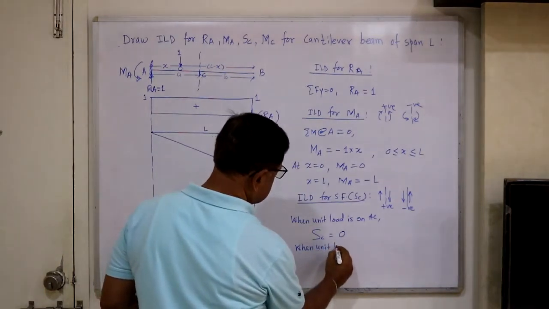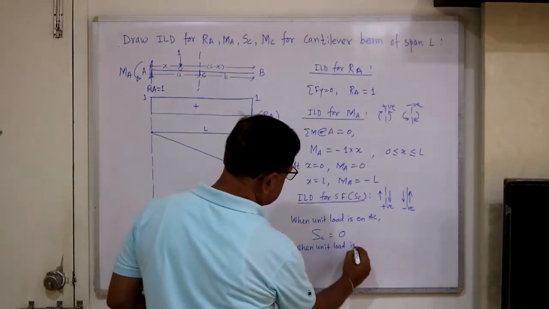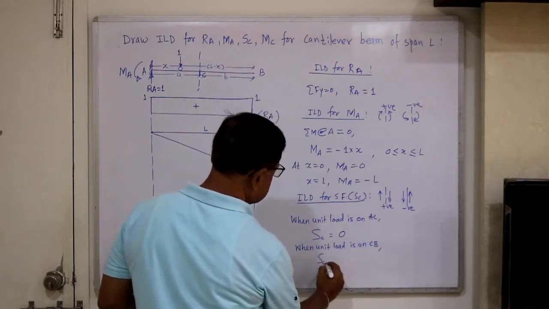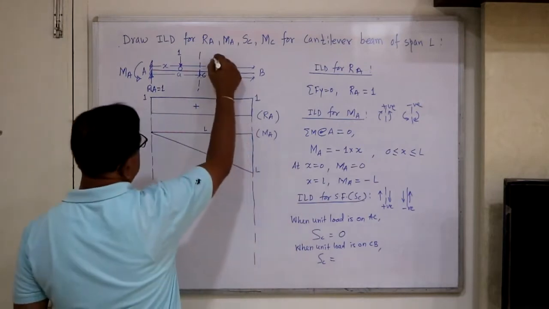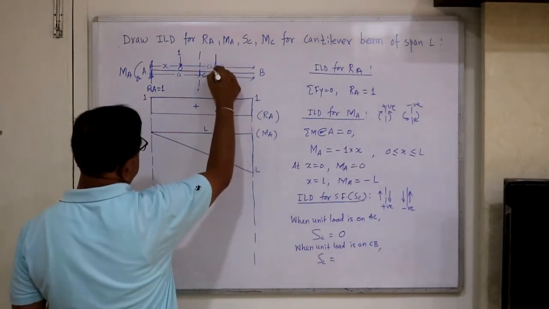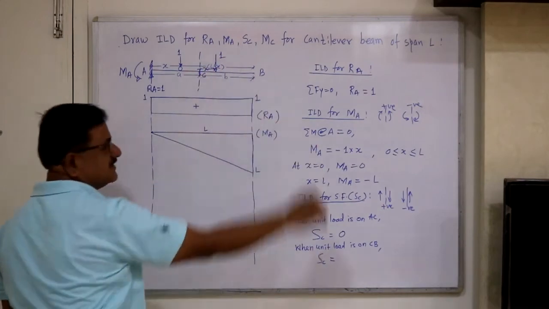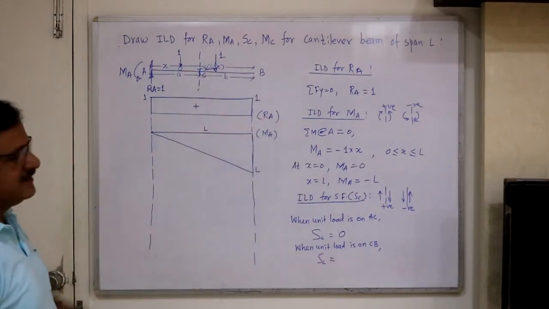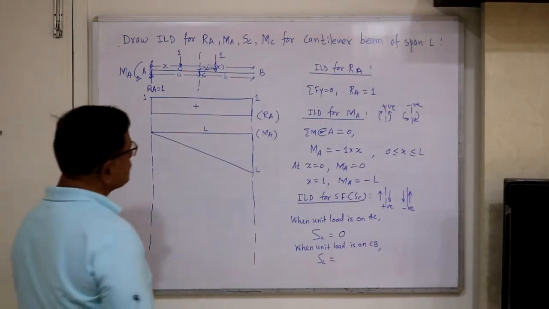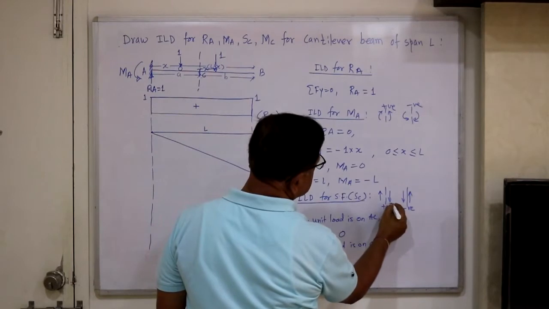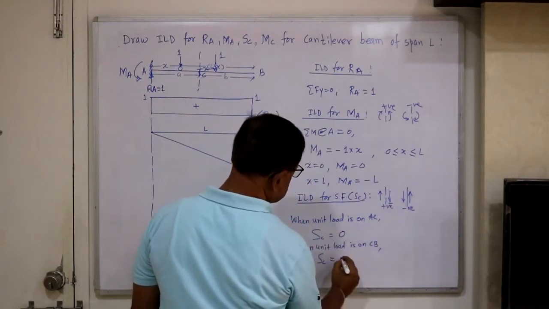And next, when unit load is on CB, what is shear force here? When your unit load comes here, again you consider RHS, so it is downward on the right. So that means shear force is 1, plus 1, remember.